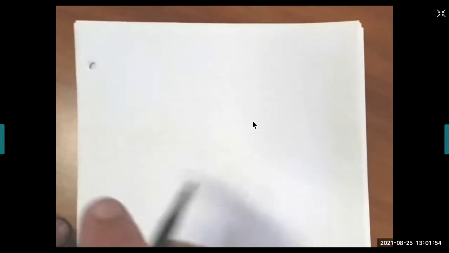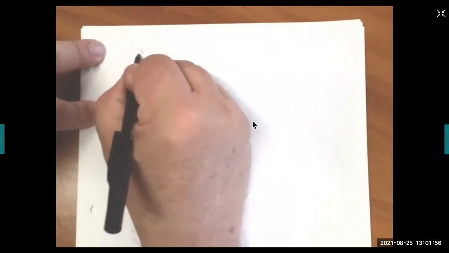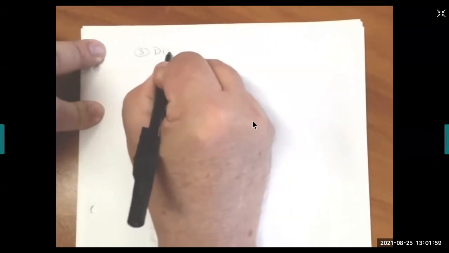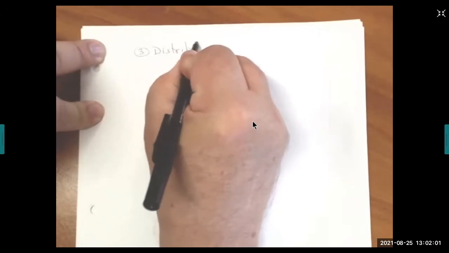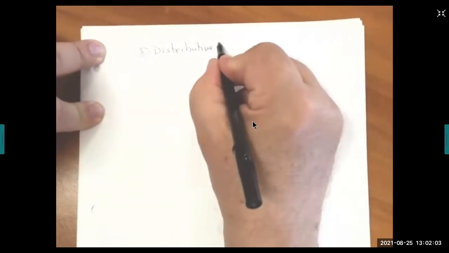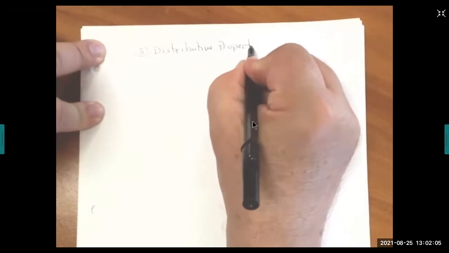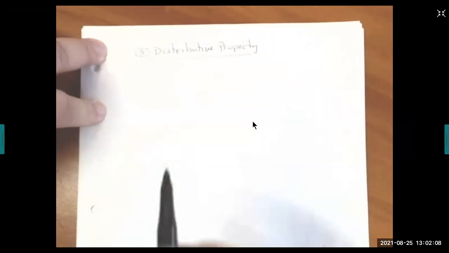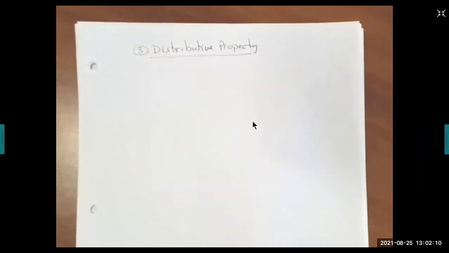The third property is the most important one, I think. It's called the distributive property. You notice this one does not have the word "of" after it.